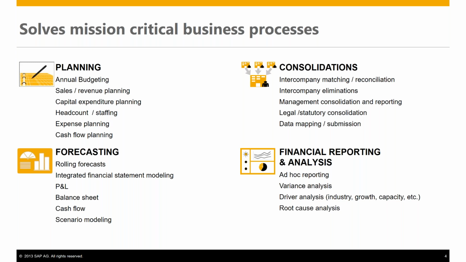So you can build your annual budget in BPC. You can start by just collecting and aggregating data, automating that process so that you don't have to manually ship files back and forth for your departmental plan, for your sales plan, for your CapEx plan. That's certainly one big level of value that you can get out of the solution.